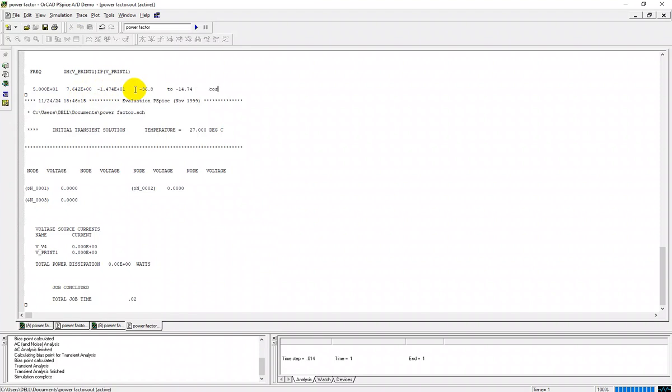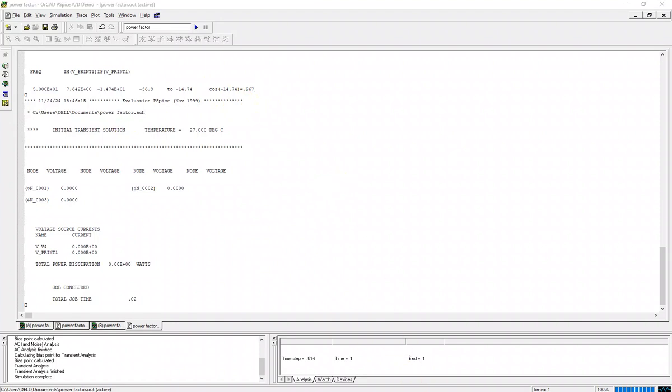And then cos of minus 14.74 is giving us as 0.967. So the design value was actually for 95. We're getting slightly higher because it's simulation without any losses, right? So this is with respect to single phase.